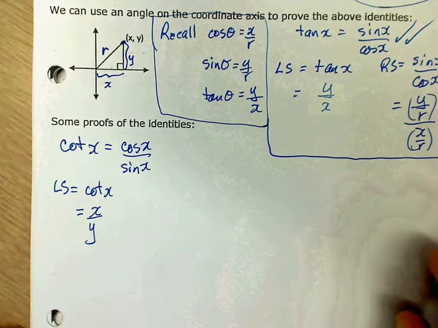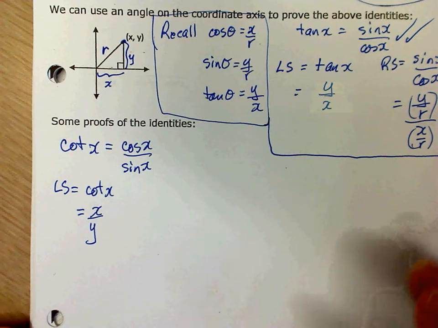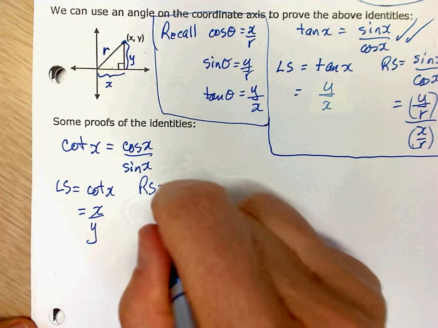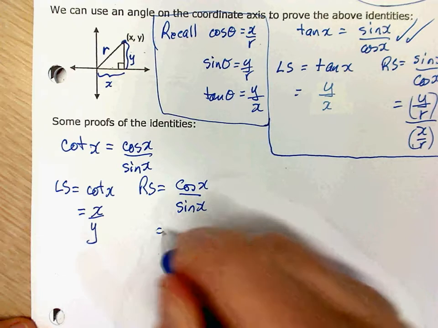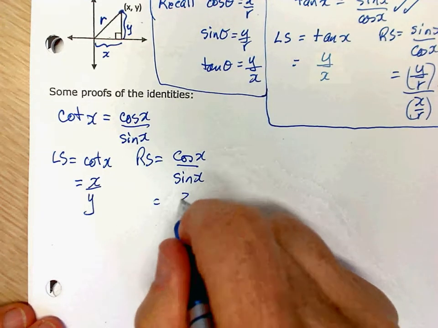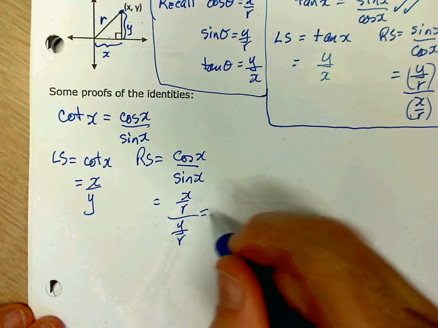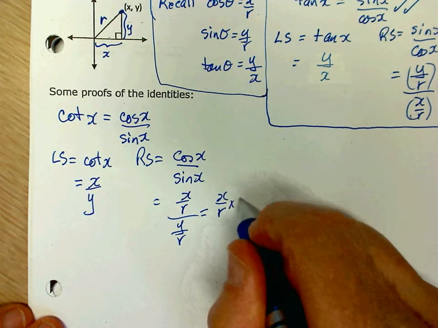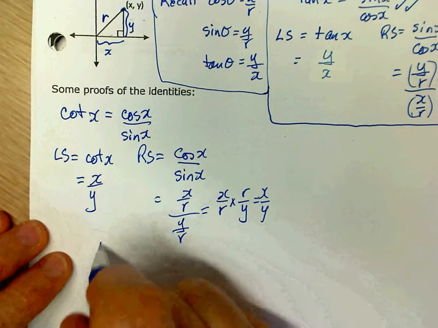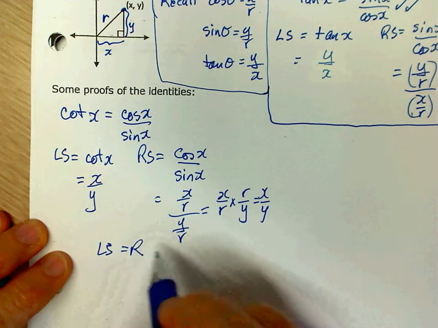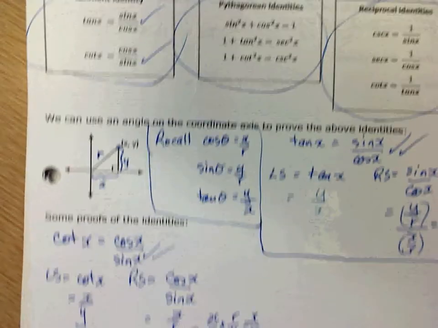Okay, good. Right side equals cos x over sine x, and cos x is x over r, sine x is y over r. When you divide, you multiply by the reciprocal. That equals x over y. So you see left side equals right side. That means we did it. Check, check, check. I'm just checking off what we've proven.